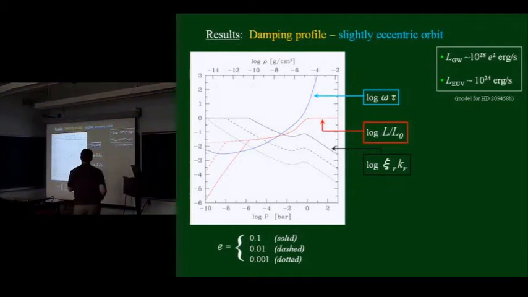We saw initially that HD 209458 was marginal, but we should look more carefully at exactly how that energy is being deposited when it does damp.